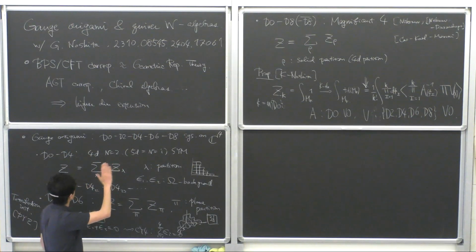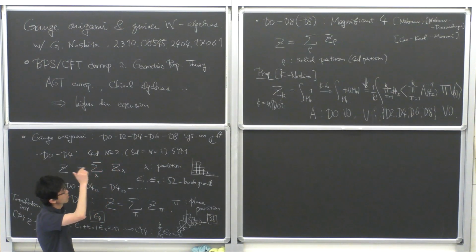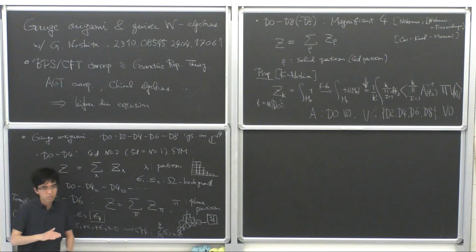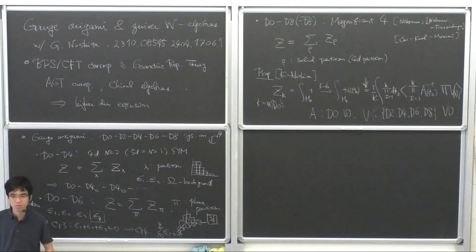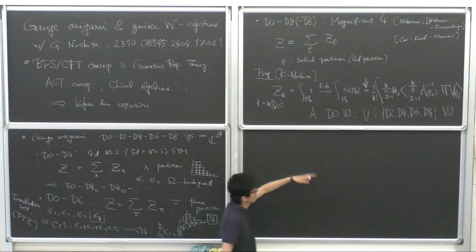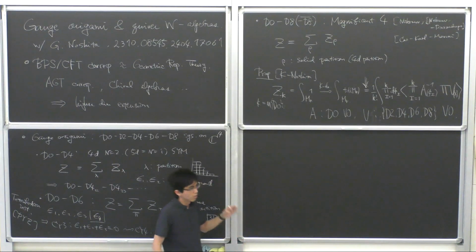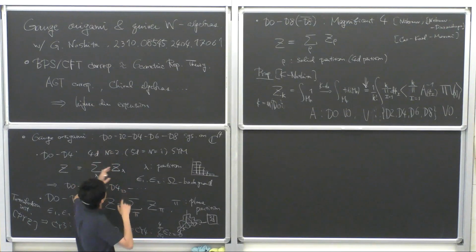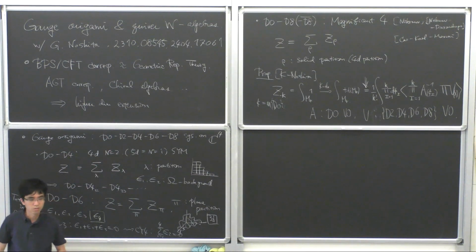And honestly speaking, for D0-D8, solid partitions, the interpretation is not yet established. But the construction of these vertex operators, etc., is really motivated by geometric representation theory or W-algebras or the corresponding vertex operator algebras.